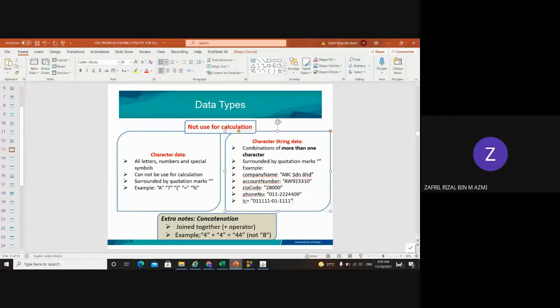For example, 4 non-numeric plus 4 non-numeric, you will get 44, not 8, because this is not a number. This is a single character. Similarly, Ali plus Abu. The answer is Ali Abu. This is what happens if you apply the plus operator to a string.